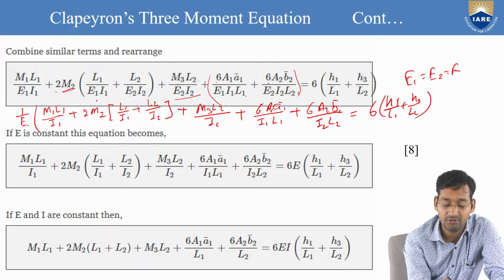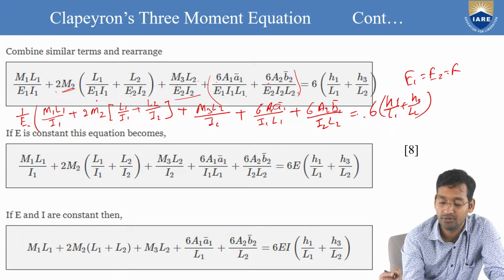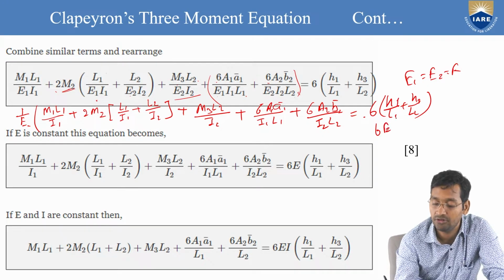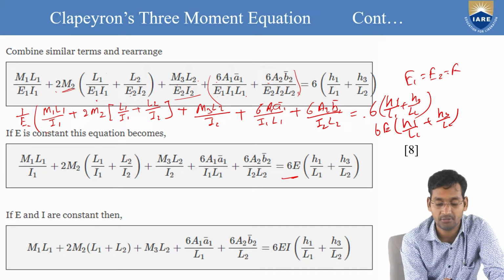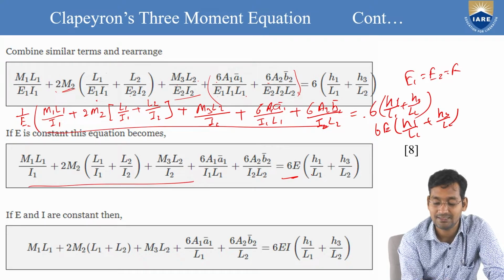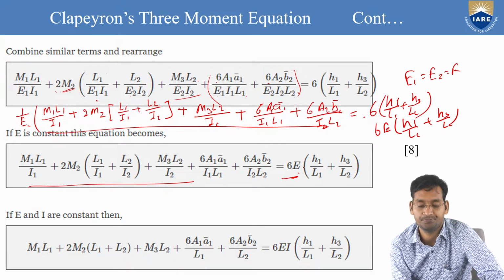Right. So now we can cross multiply E here. So this becomes 6E into H1 by L1 plus H3 by L2, and the remaining terms are here; just E got multiplied here.